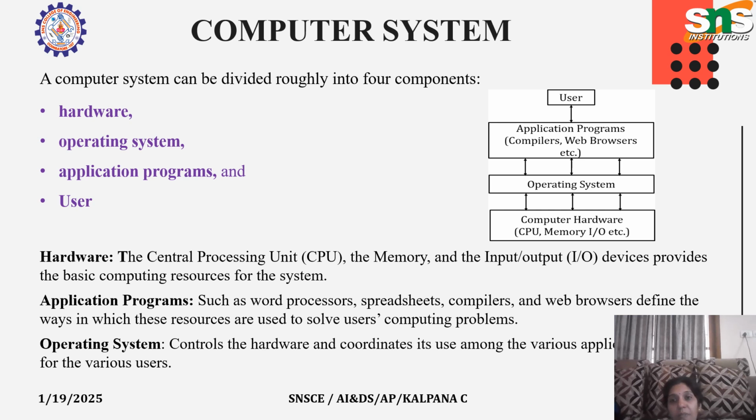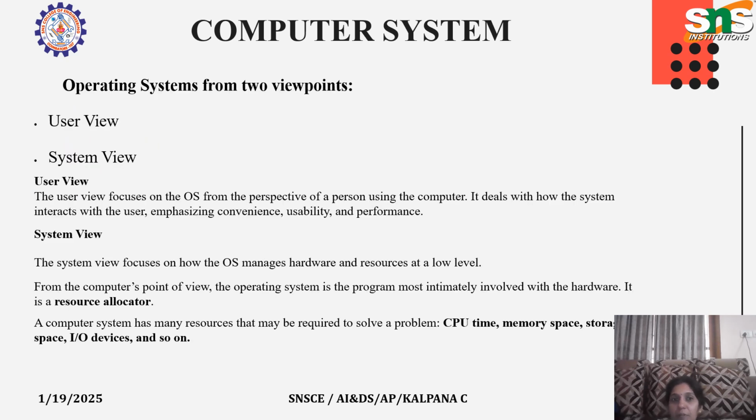When we talk about users, we have two views regarding our operating system: user view and system view. These are the two viewpoints of an operating system. User view mainly focuses on the user's point of view, the interface we are using.